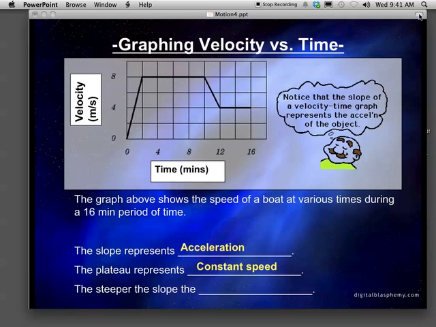The steeper the slope, what does that mean? A bigger acceleration. Yes, that it has a greater acceleration.